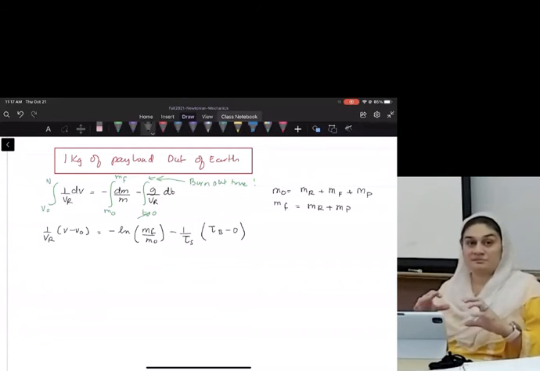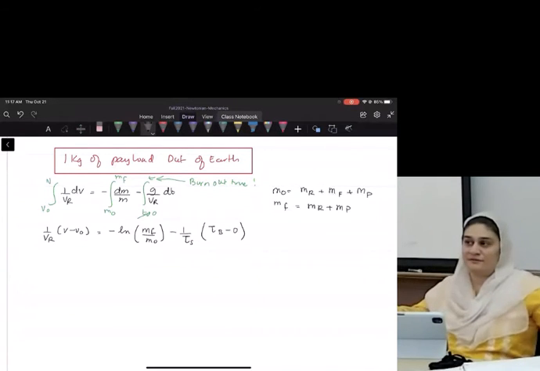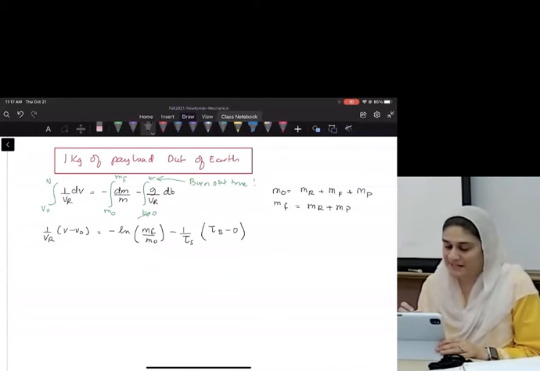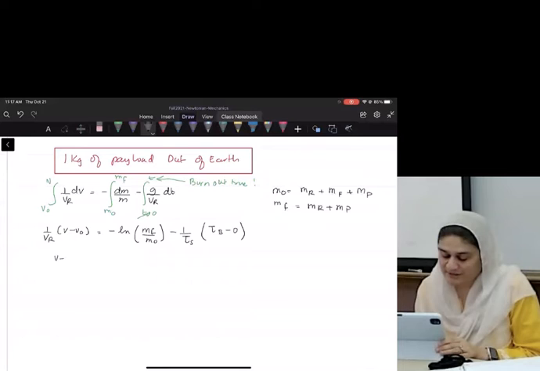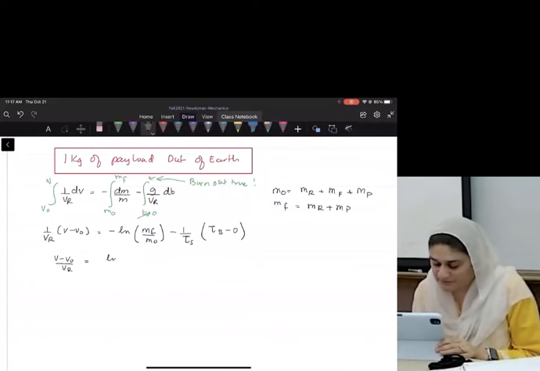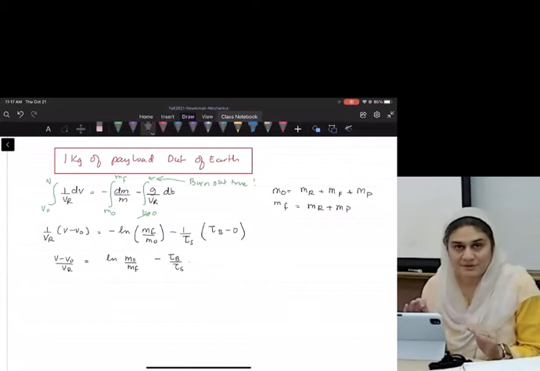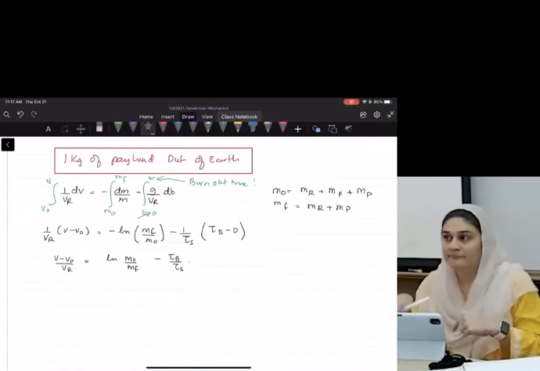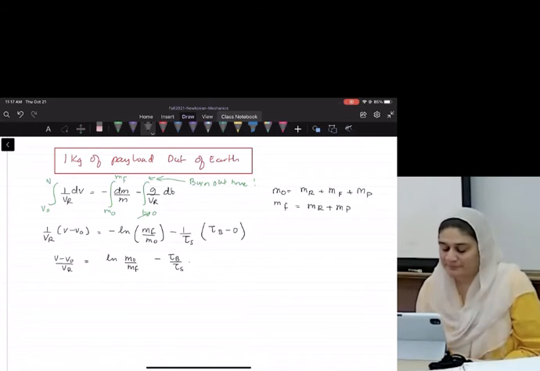Burnout time means the time that all of the fuel has been burnt. Okay, may I rewrite this as V minus V0 over VR equals log of M0 over MF minus TB over TS? Yes? Does everybody know where the minus sign went? Into the logs, right? And you flip them.